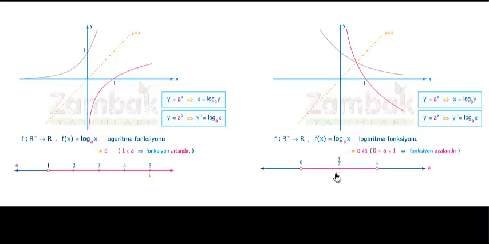We need to understand that also. Here this is like logarithm base 1 over 2 of x. This is 1 over 2 to the power of x, or 2 to the power of minus x function. Okay, as you see, they are symmetric also here.